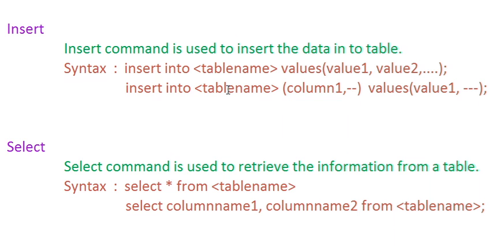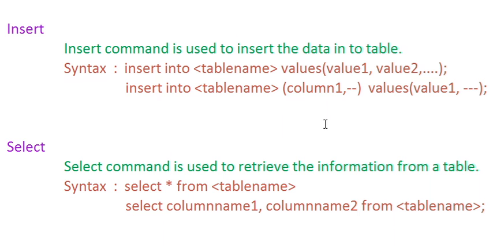Means after insert into table name, you have to specify the column names on which you want to insert the values. Then write the values keyword, then give the values for the columns written here. In this way you can insert the data into the table. You can insert all the field values or you can insert the selected field values.